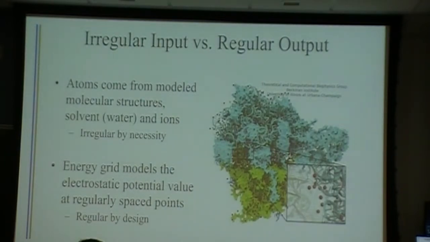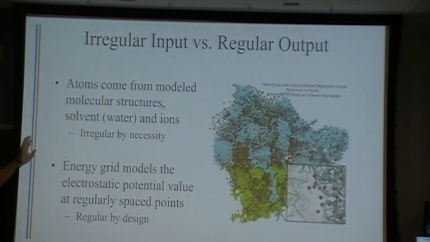One question is, why are these inputs irregular and the outputs regular? I think we've belabored this point enough, but basically, we're modeling the electrostatic potential value at all of the points in the space. Ultimately, that's what we want, but when we're computing it, we have to do it with some resolution, and so we choose to do it at regular points. We wouldn't have to, but we choose to because it's easier.